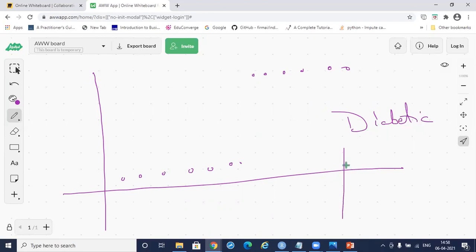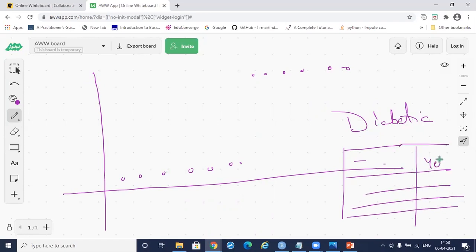Certain patients' data are provided, and one has to assess whether the person has diabetes, yes or no, whether diabetes is present in the patient's body or not. So only two conclusions are there. Some of the data lying here are no, and the data lying here are in the yes condition: yes diabetic, no diabetic.